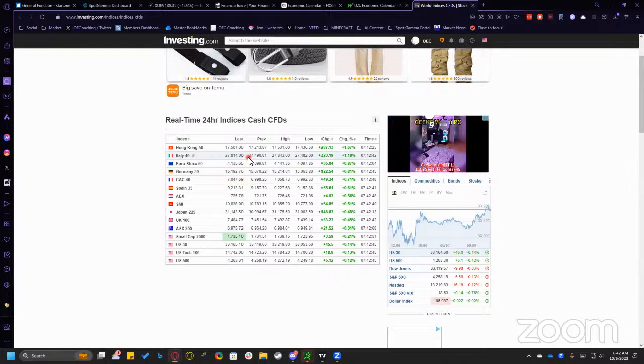So if we get a really hot jobs data print, and it shows that unemployment is down beyond and below the consensus estimate of what it should be, that would be really good, right? It shows that a lot of people are at work. There's not a really high unemployment. That's really good numbers. It's good news.